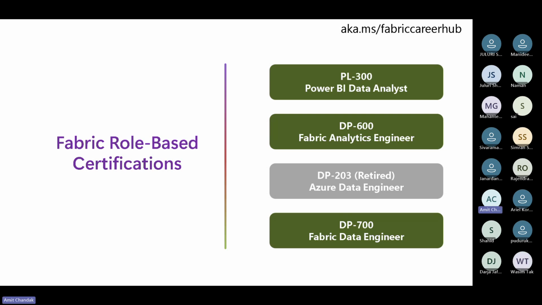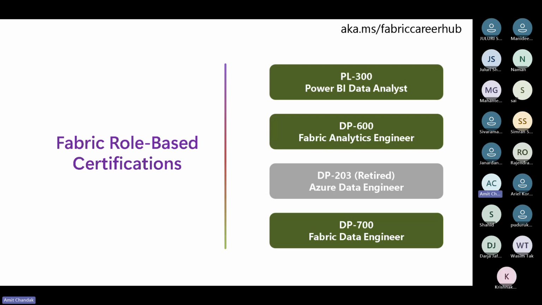It doesn't mean that you can't do Azure Data Engineering; you still can, but we will prefer to use Fabric whenever we do data engineering on Microsoft Azure. That is why the certification we are going to do is DP 700. For those with DP 203, the last renewal date was, I think, 15th April, and those who have renewed will keep it for 1 year, but you now have to do DP 700.